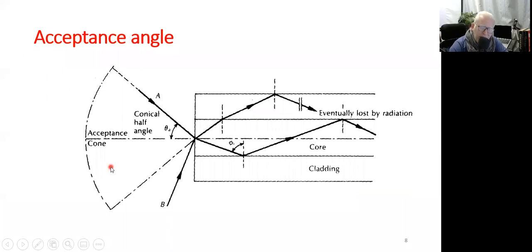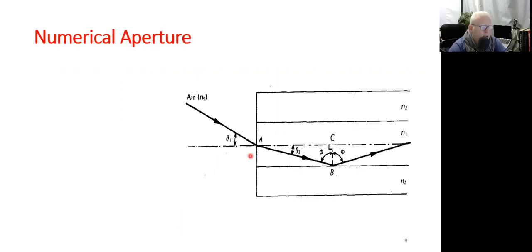Then we made a link between the acceptance angle, or the acceptance cone, and the total reflection angle, so that we can have the numerical aperture, which is sine theta A, where theta A is the acceptance angle. And we found that this is equal to the square root of n1 squared minus n2 squared.